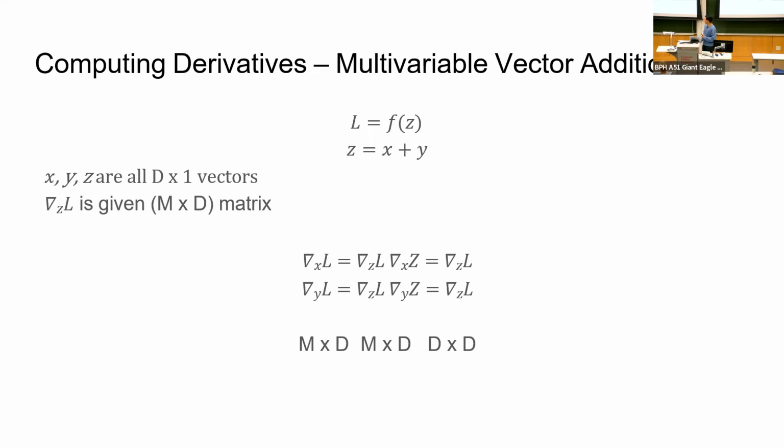So in this case, x, y, z are all d by 1 vectors. The derivative of L with respect to z is given as an m by d matrix. And z is a sum of two different parts, so we take the derivative of both of them individually, and we have del z by del x and del z by del y, the second term in the center part, as 1.